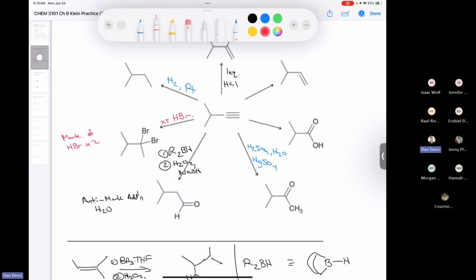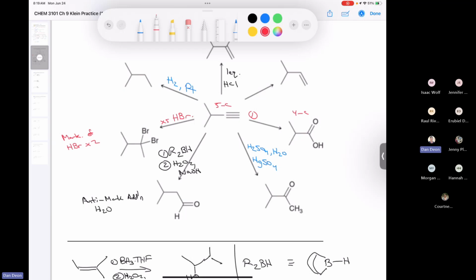All right, could anybody tell me for this next one here, we're changing the carbon skeleton. Here we have a total of 5 carbons, and here we have a total of 4 carbons. Could anybody tell me what the first step in this reaction would be? Notice that, again, we're changing the carbon skeleton. We're removing a carbon. Does anybody know what the first step would be in this one? We're taking a terminal alkyne.